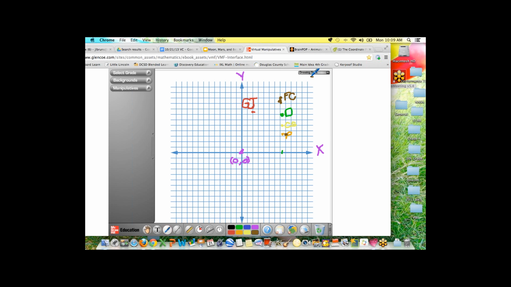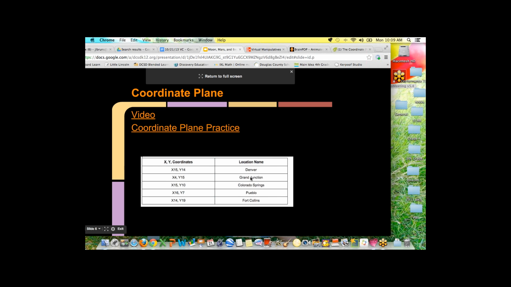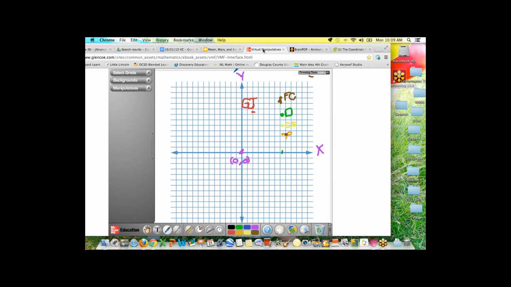But here we are, guys. We just created a map using a coordinate plane. So now I can actually label each one of these ordered pairs. So Grand Junction was x equals 4, y equals 15. All right, so let's go put that. So my ordered pair is 4, comma, 15 for Grand Junction.